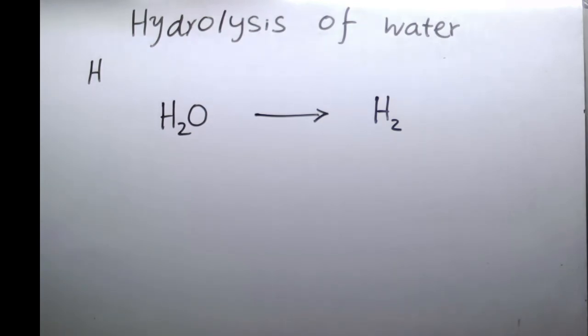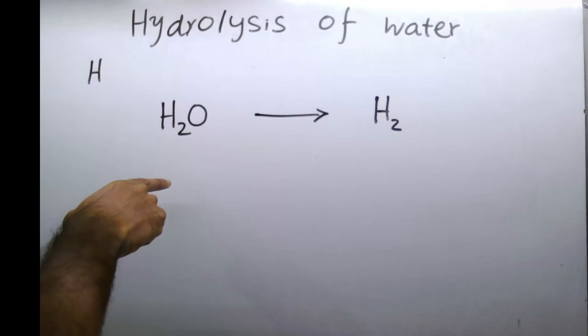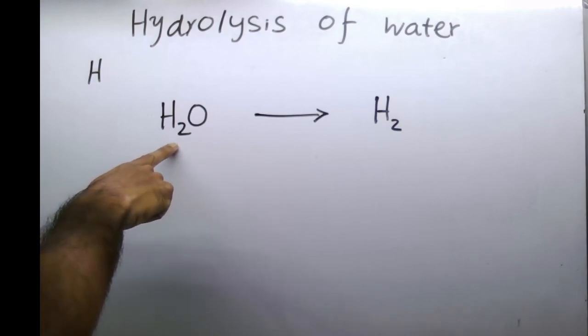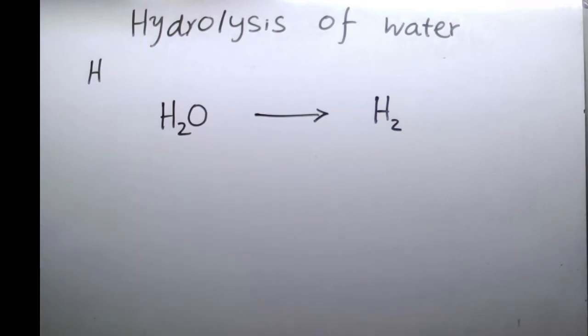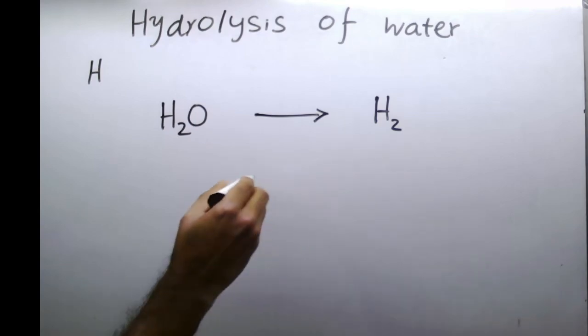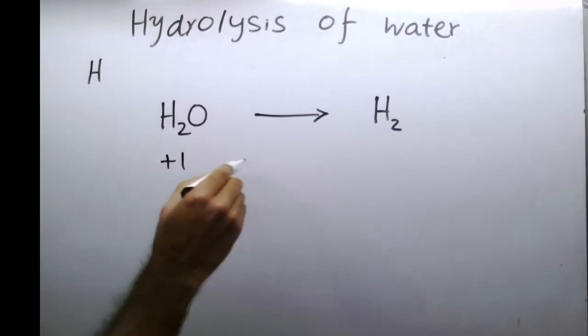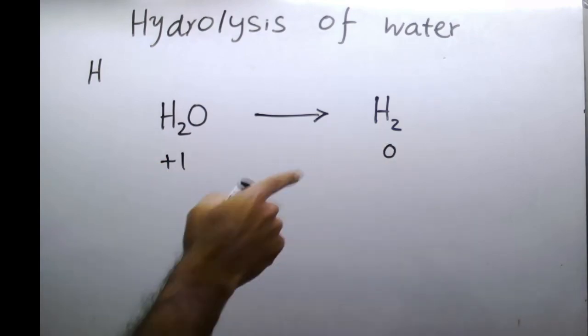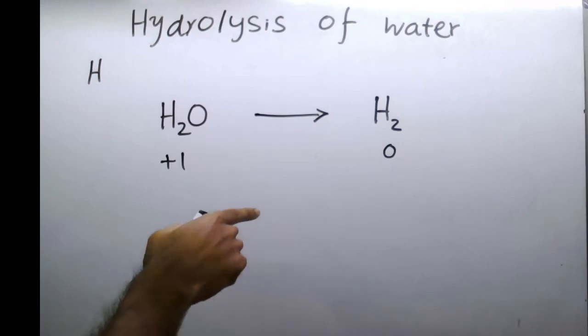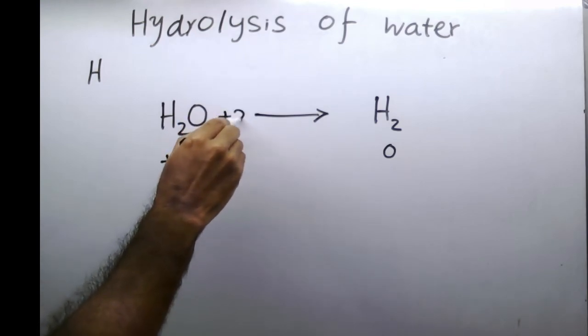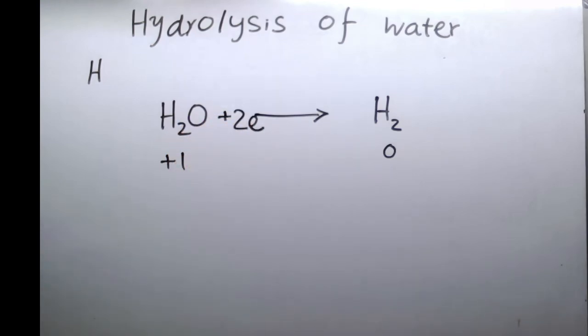Now we have to consider the number of electrons involved here. As mentioned earlier, hydrogen is in +1. It goes to 0. That means from +1 to 0, 1 electron is involved, but there are 2 hydrogen atoms, then 2 electrons should be involved here.